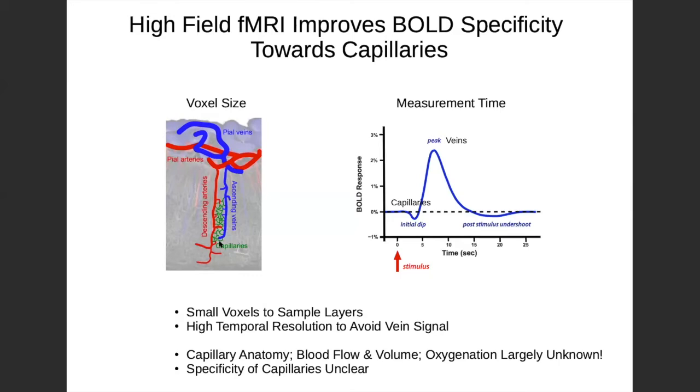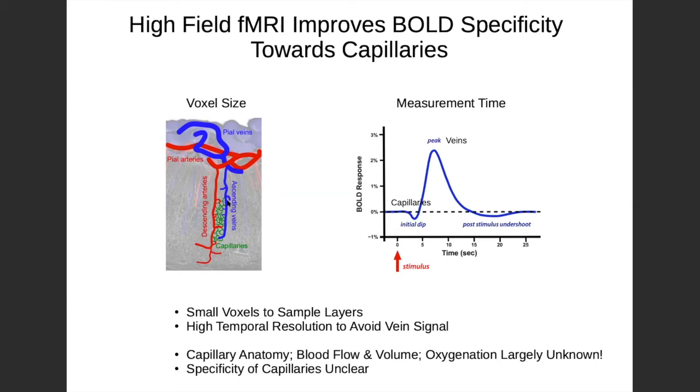That's simple. And if you want to measure something like layers or columns, you even need smaller voxels. The cortical gray matter is about 2 millimeters thick in humans, and you definitely need sub-millimeter voxels if you only want to measure gray matter.